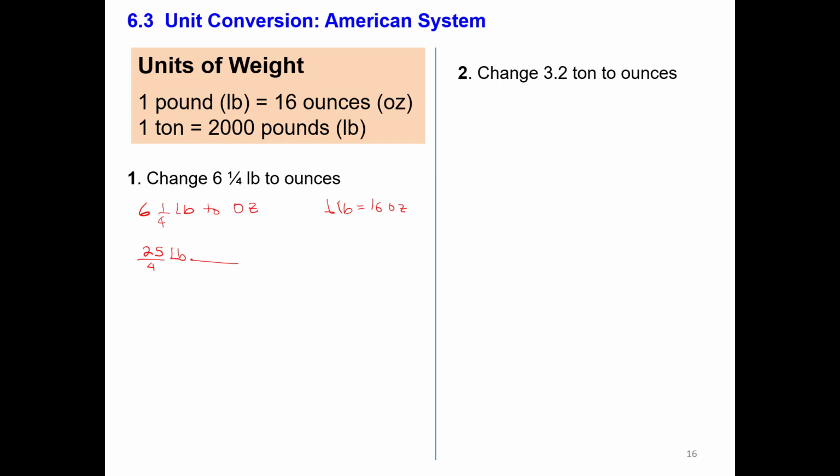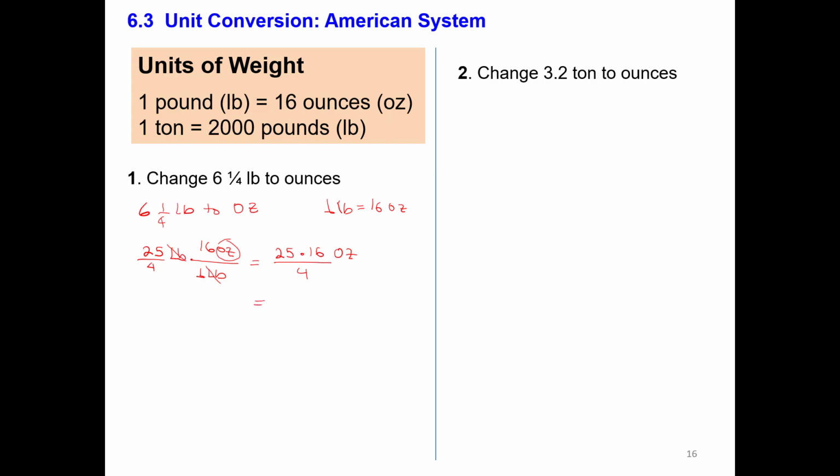We need to cancel out the pounds, and we want to give the answer in ounces. So we write pounds in the denominator and ounces on top. In this way, the pounds cancel out, and the final answer is in ounces, the unit we want. What we need to do is multiply 25 times 16 divided by 4, and the answer is in ounces.